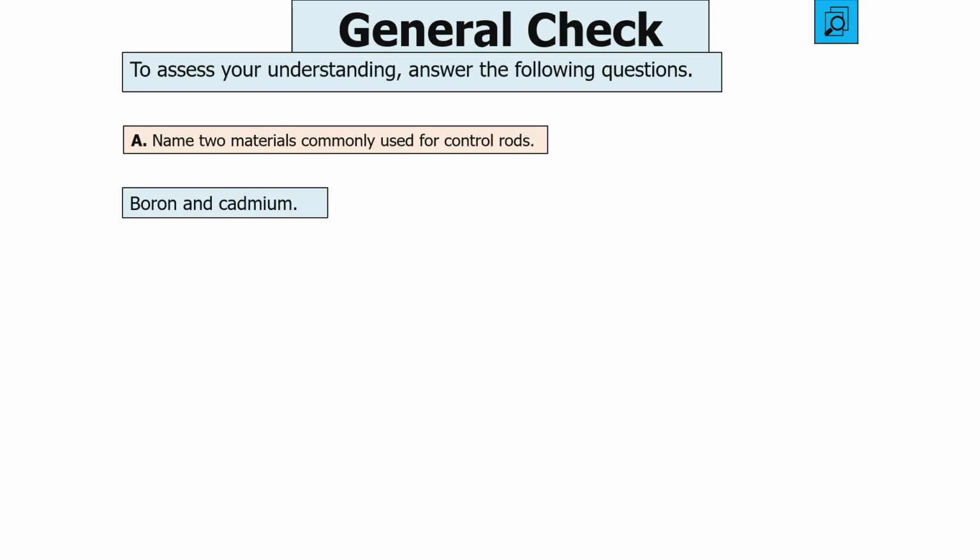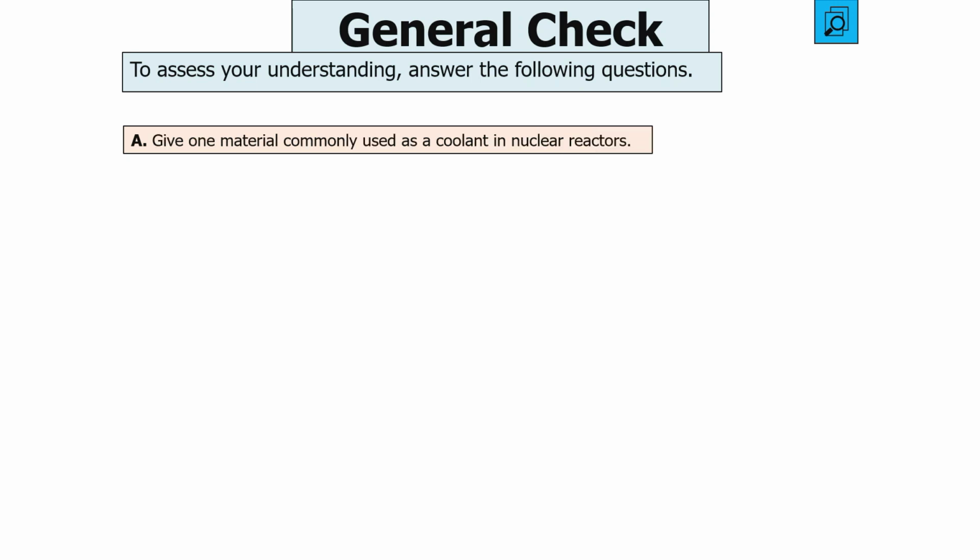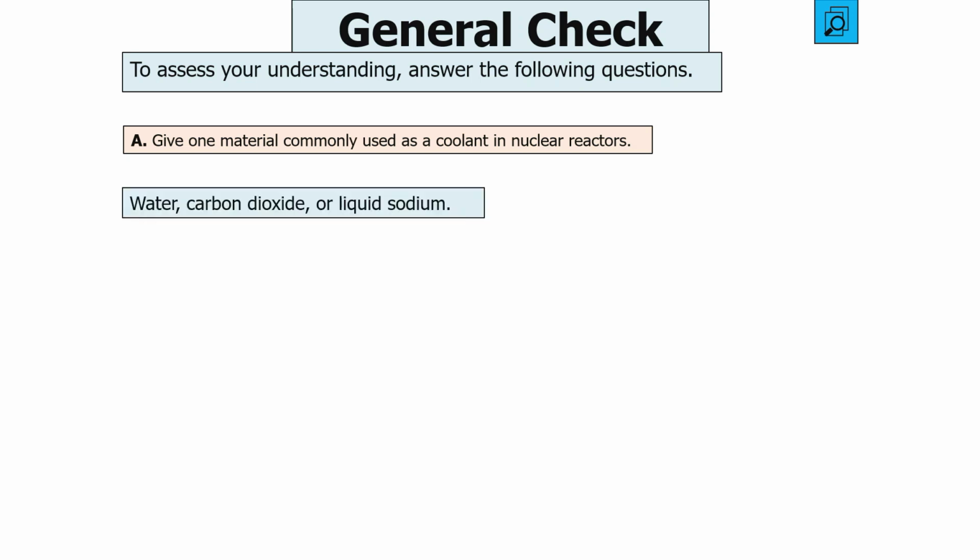Boron and cadmium. What is the role of the coolant in a nuclear reactor? It is to remove heat from the reactor core and transfer it to a heat exchanger or turbine system. Give one material commonly used as coolant in nuclear reactors. Either water, carbon dioxide or liquid sodium.